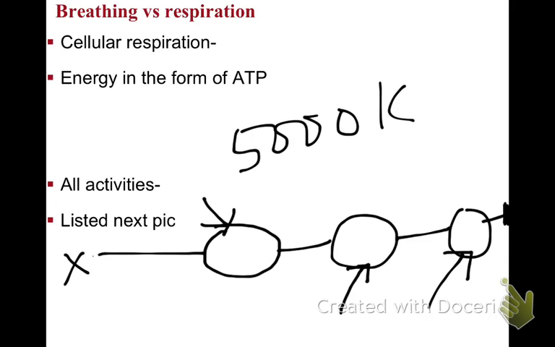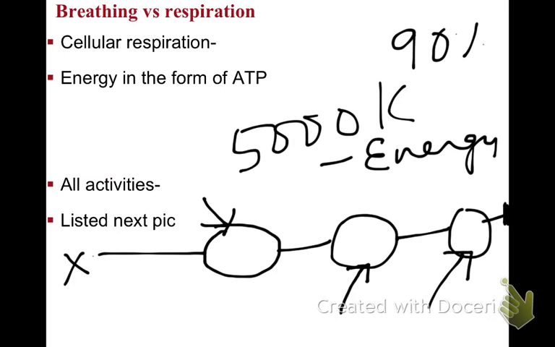In other words, the cell has a certain pathway through which it goes and a certain mechanism by which it is making energy. This mechanism is the most efficient system the cell has, and let's put it this way, 90% of all cells probably use this method to gain energy.